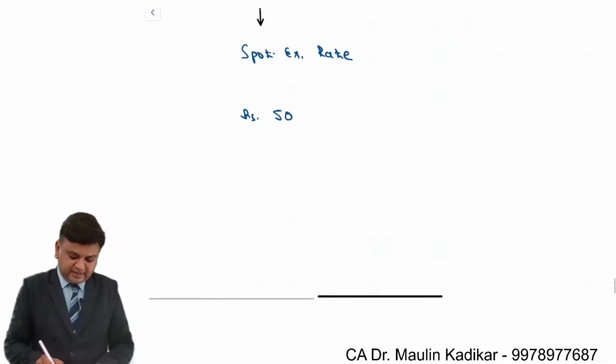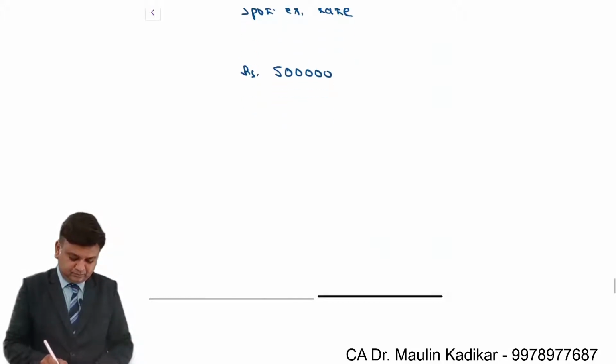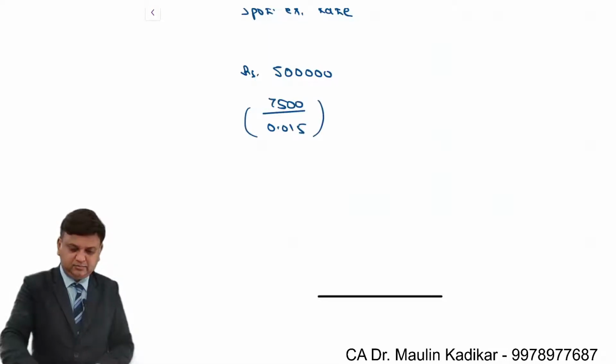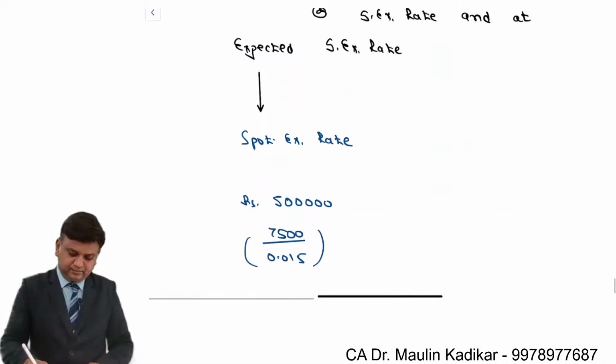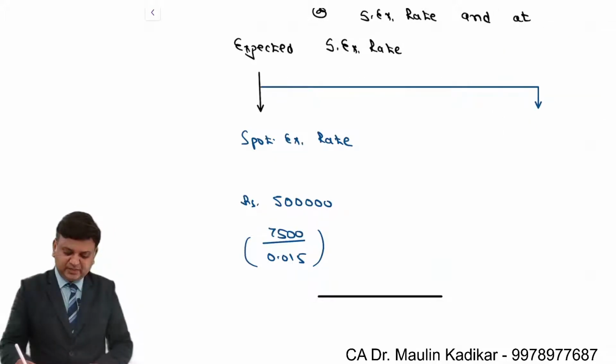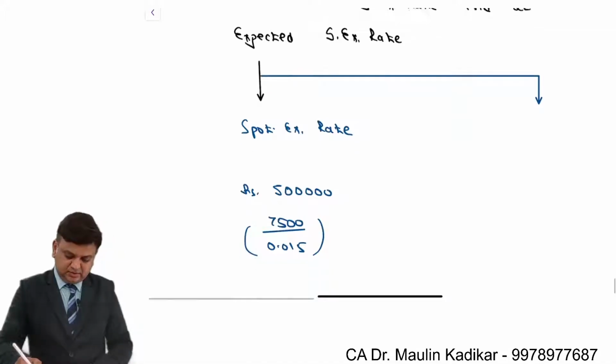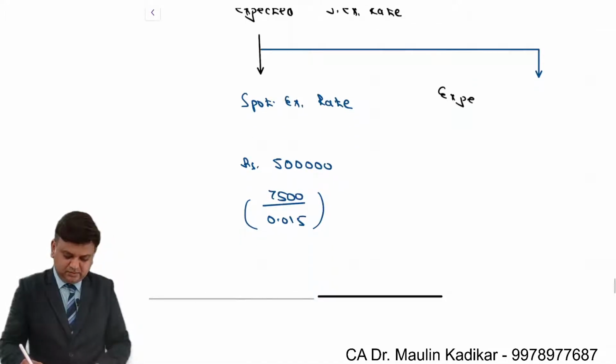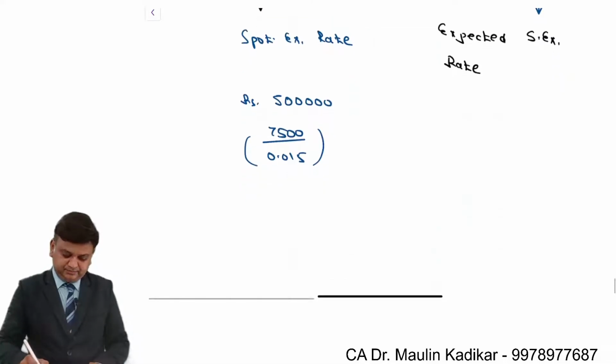It is an amount of 5 lakhs: 7,500 divided by 0.015. And using the expected spot exchange rate, what will happen?